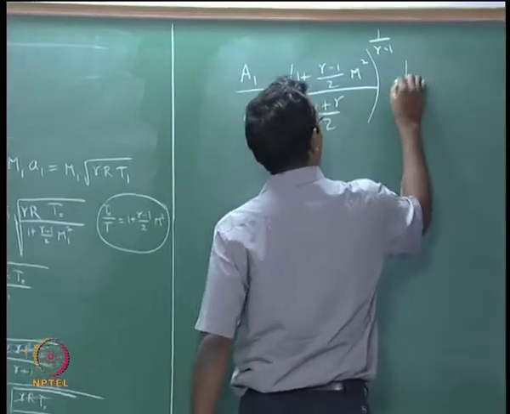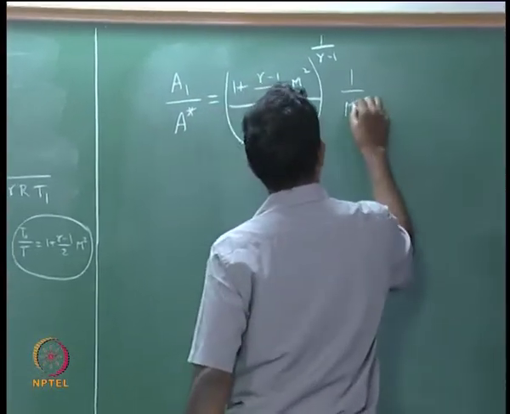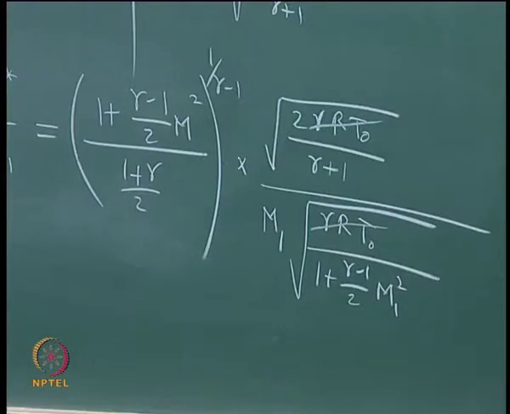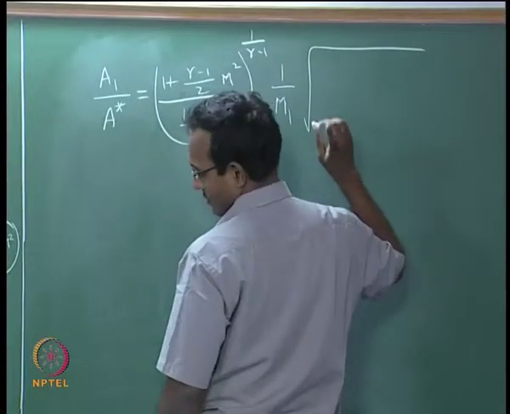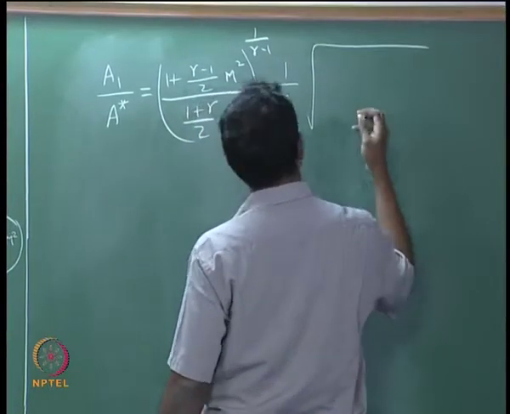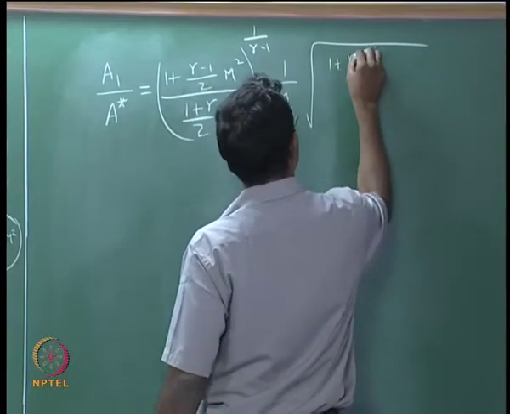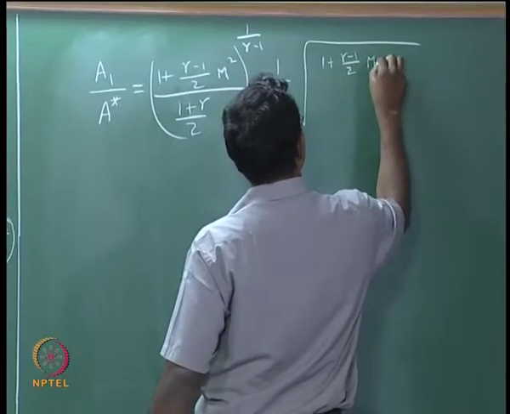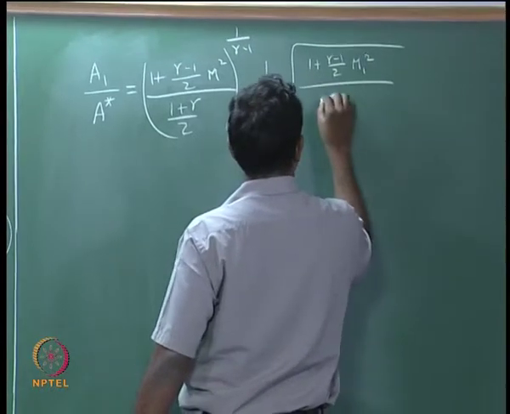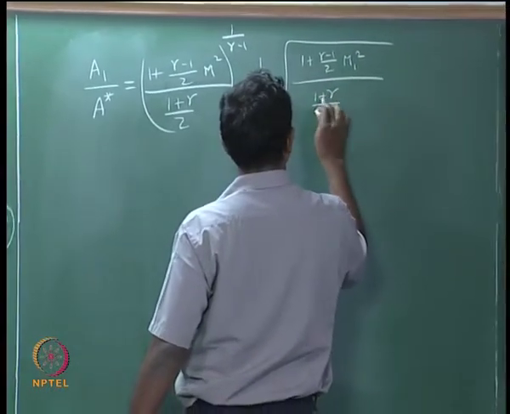I also have a 1 by m1, and the remaining terms inside the square root I will combine as 1 and rewrite in a nicer fashion: 1 plus gamma minus 1 by 2 m square m1 square divided by 1 plus gamma by 2.